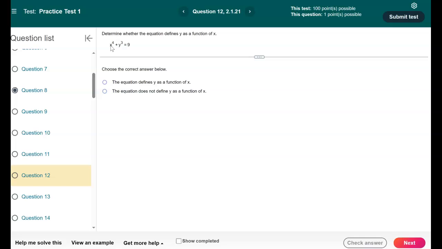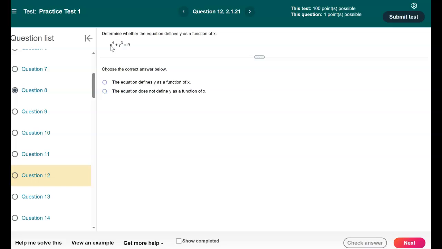When you assign a value for x and you solve for y and you get 2 different y values, then it is not a function.